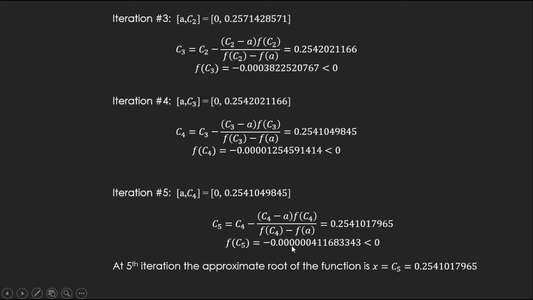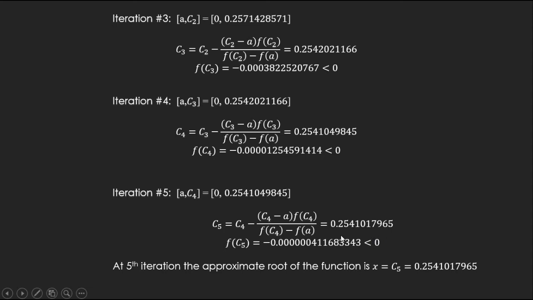So it means we are converging to the root of the function. So at the fifth iteration, the approximate root of the function is this one, C5. x equal to C5 is equal to 0.254101796 is the approximate root at the fifth iteration of the function.